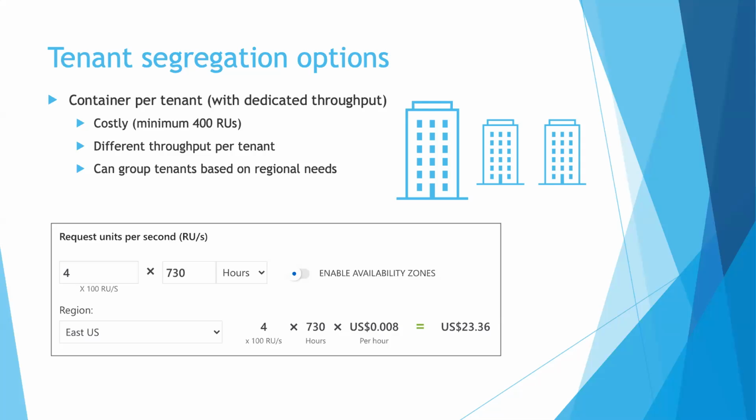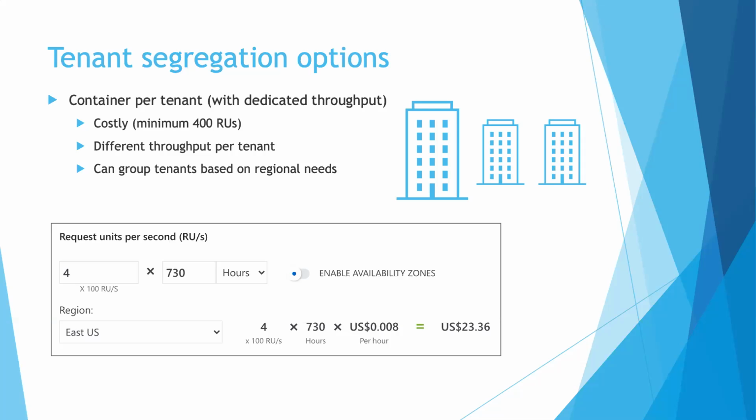So we inherit the geo-replication settings from the account. But of course, you can group tenants based on regional needs. So what that means is you could have an account with a couple of tenants that are in one particular region, and then you could have another account with a different set of tenants, and they can be grouped together. So you still have that option. And yeah, the minimum cost is the same there.